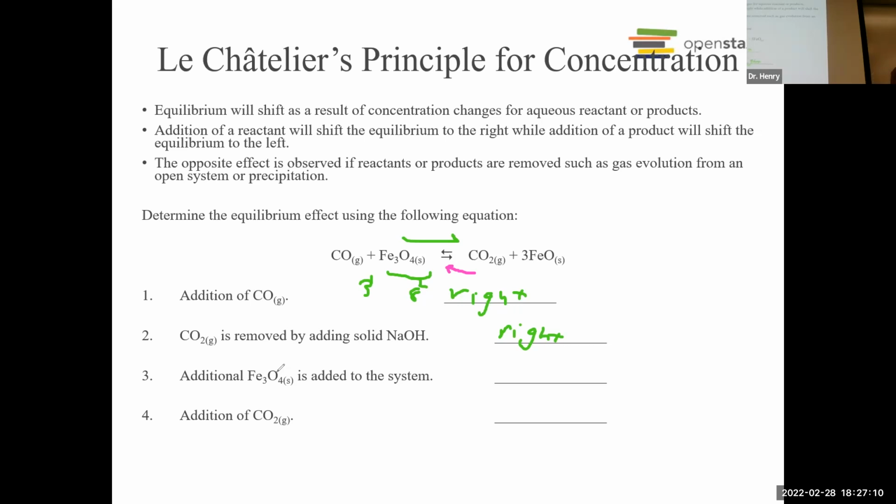Nothing's going to happen unless we use up all of it. Then that's different, right? As long as there's some there, nothing's going to happen. So no effect. So we'll use yellow for NA, or any, no effect. Okay.